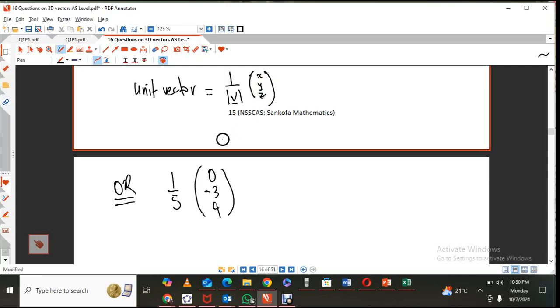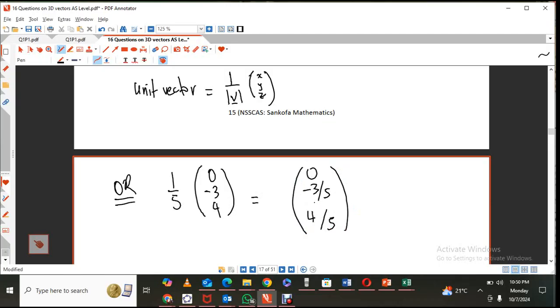All right. So in any case, I'll take 1 over 5, and multiply every component here by 1 over 5. 1 over 5 times 0 will just be 0. 1 over 5 times negative 3 is negative 3 over 5. 1 over 5 times 4 will be 4 over 5. So what I have here is a unit vector.